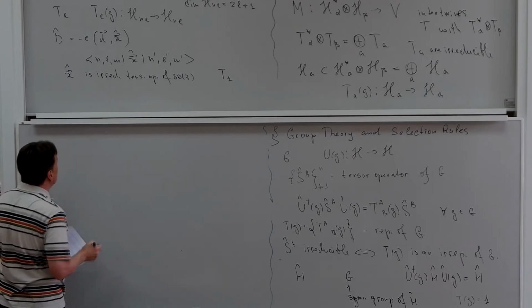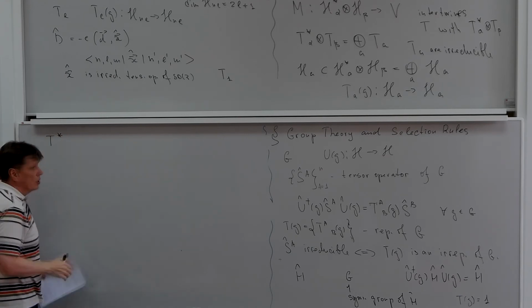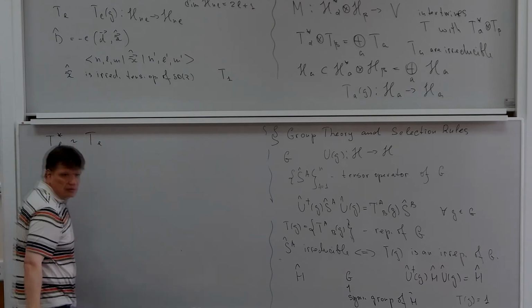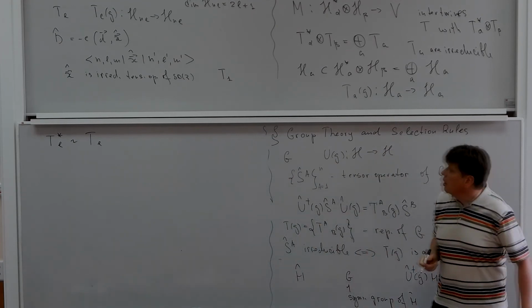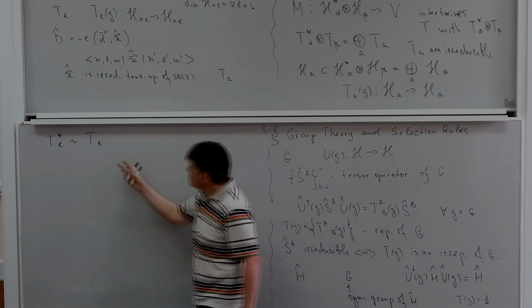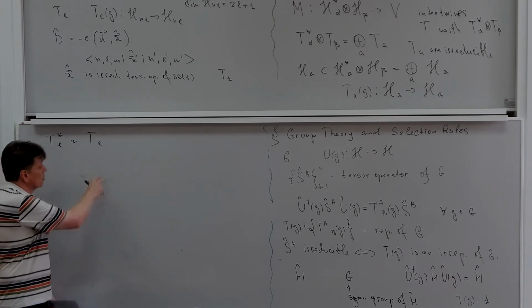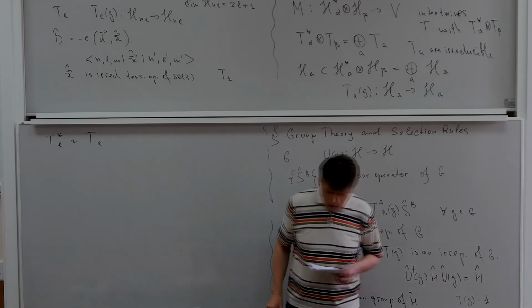Well, we know from group theory that the complex conjugate representation of T_L is actually equivalent to T_L. For the rotation group, all its unitary representations are equivalent to the corresponding complex conjugate representations.